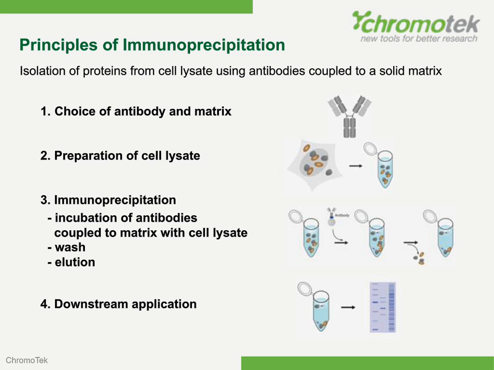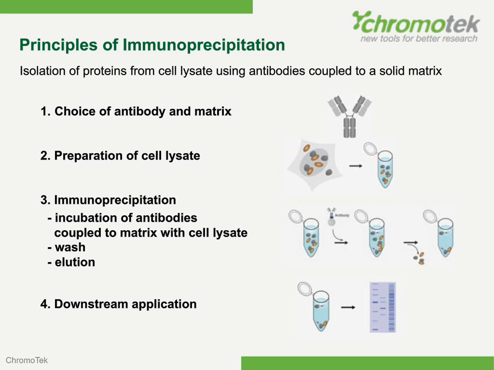After choosing an antibody, you have to prepare your cell lysate. Cell lysates can be prepared from many organisms, like eukaryotic cells, plants, yeast. It depends which organism you are interested in. To start your IP, you then add your lysate to the antibody coupled to the beads.